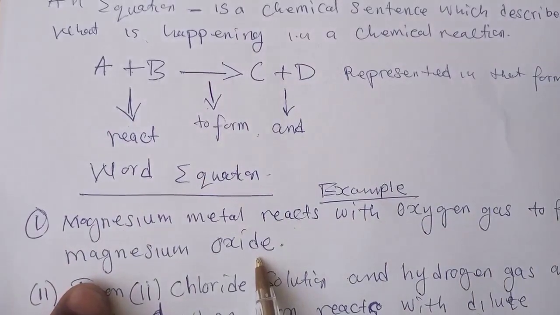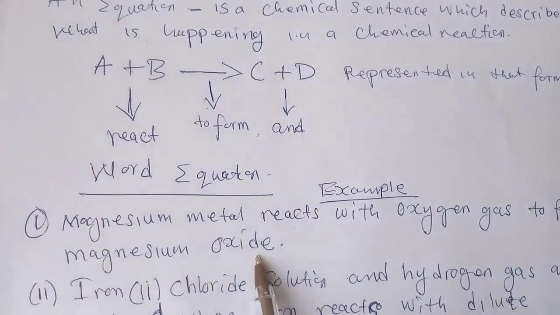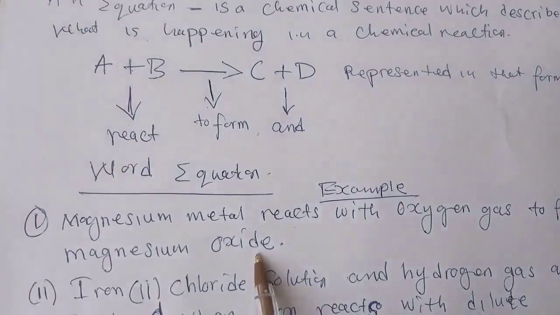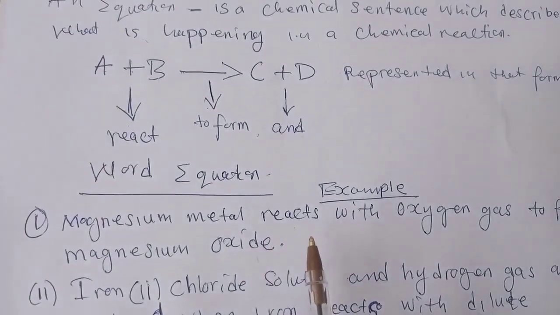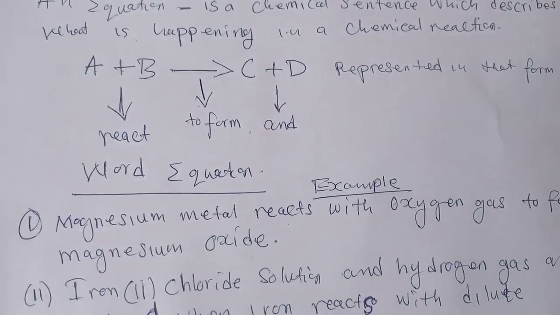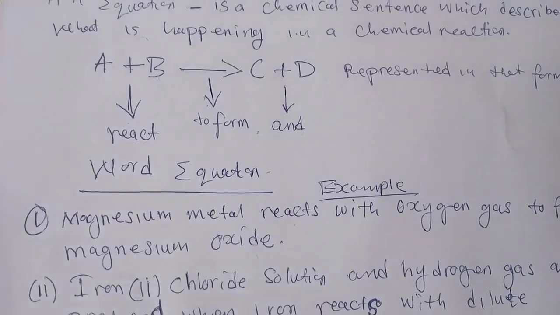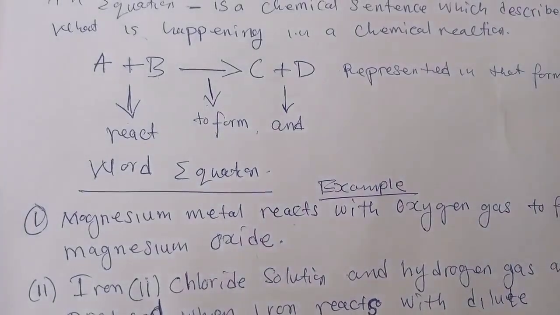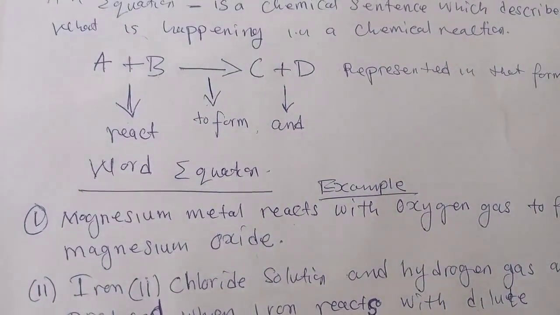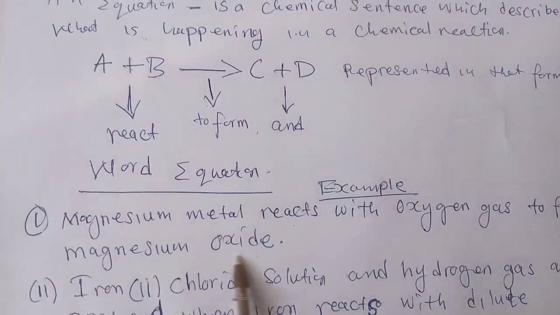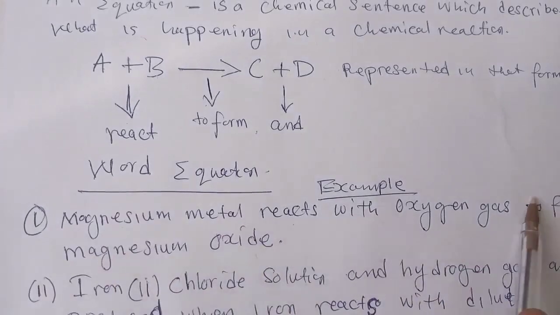So you need to know what word equations are. A word equation is a chemical sentence which describes what is happening in a chemical reaction, but in words. It is a sentence in words.